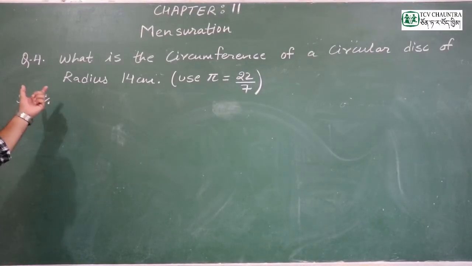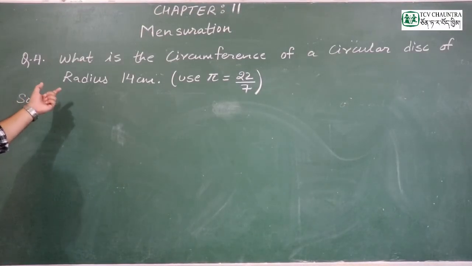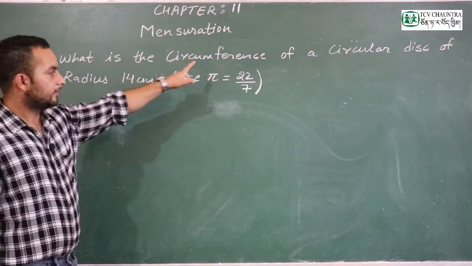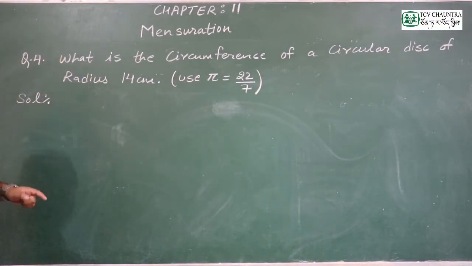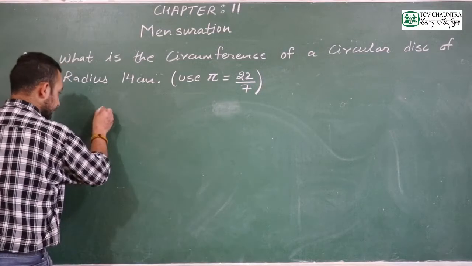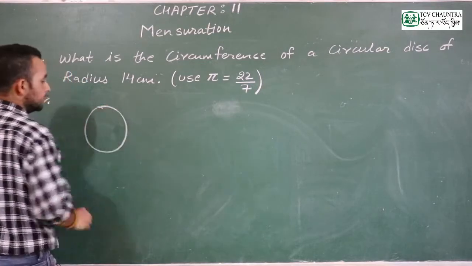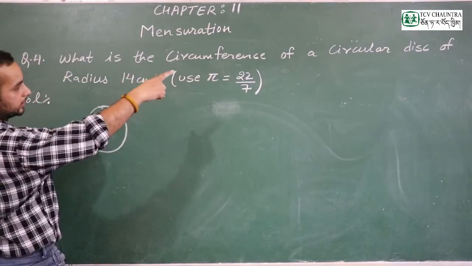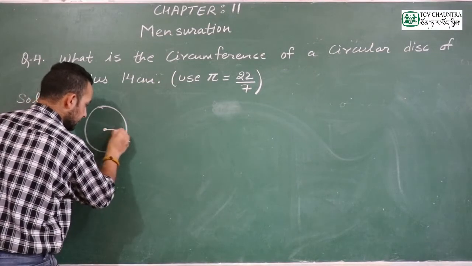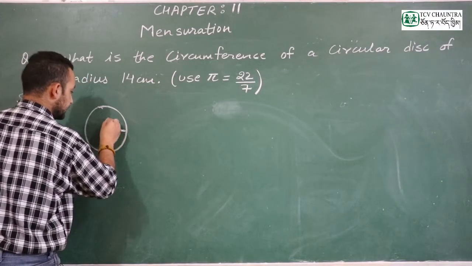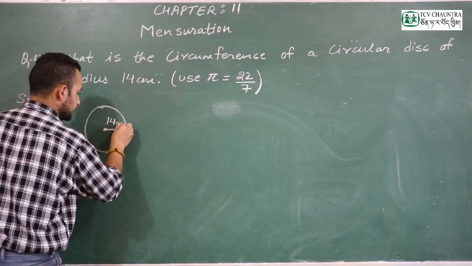Okay class, now this is the fourth question, and it says: what is the circumference of a circular disc of radius 14 centimeter? So you have a circular disc whose radius is given, that is 14 centimeter.